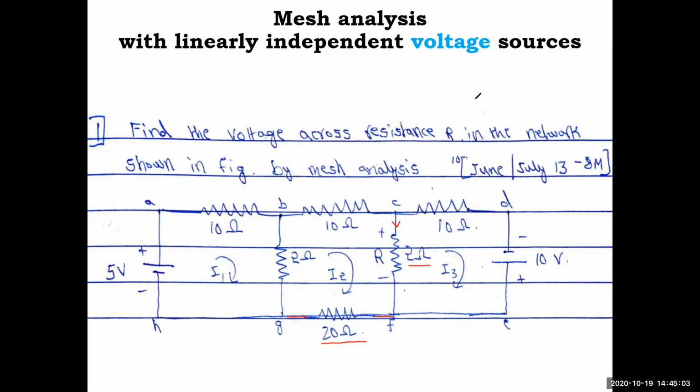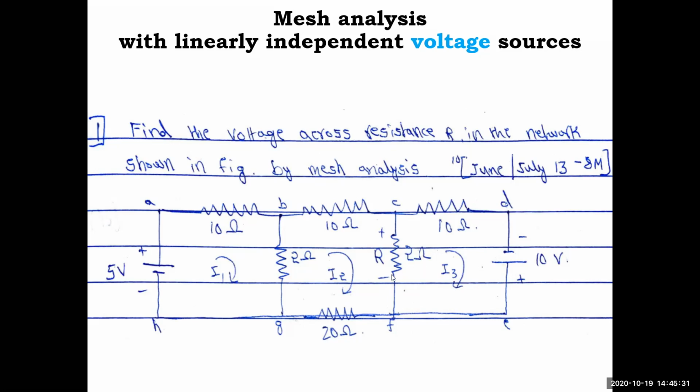So how to solve this? Very simple. Compared to the previous two problems, where you did source transformation or star delta transformation, reducing the network step by step to get a simplified network, here you have ready-made equations. Using these values you create three equations, and then using a calculator you find the values of current.